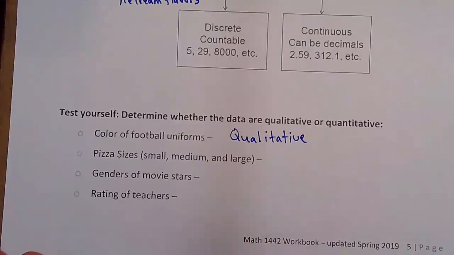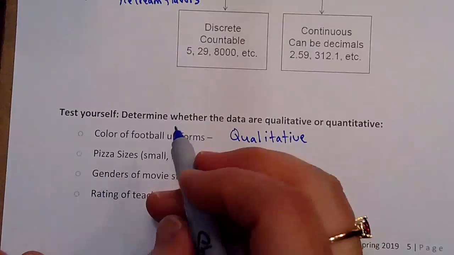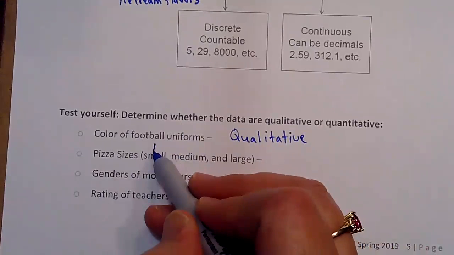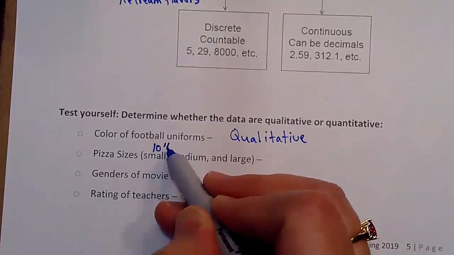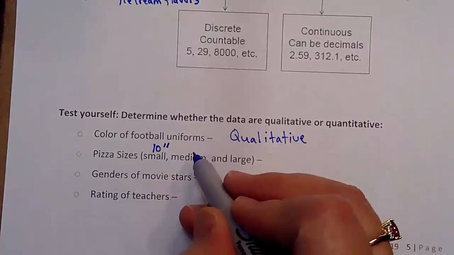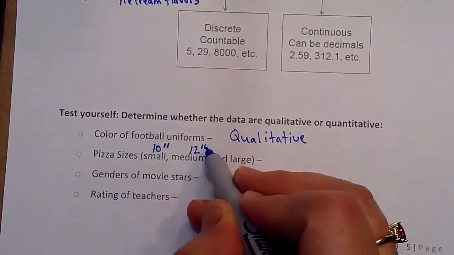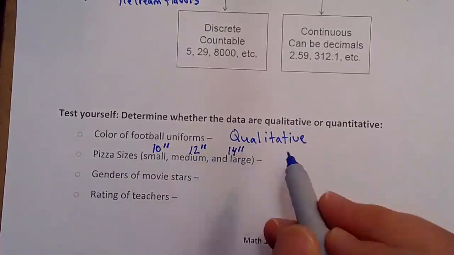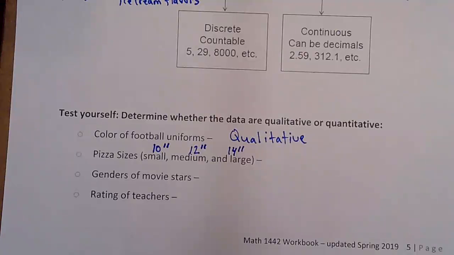Pizza slices. So your pizza slices, they have small, medium, and large. So generally, on your pizza sizes, you look at the diameter of those pizzas, that length there in the center. So pizza sizes, you have like a 10-inch or the 12-inch or the 14-inch, which is typical on your small, medium, and large.